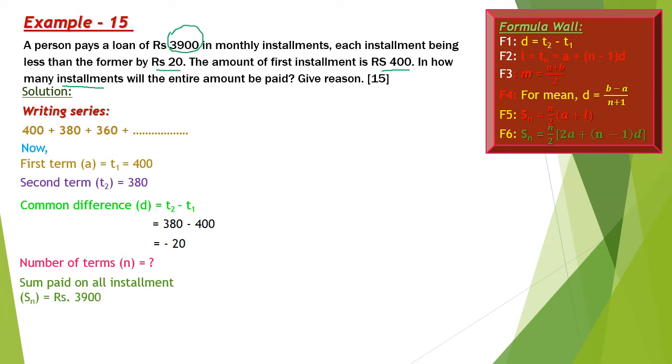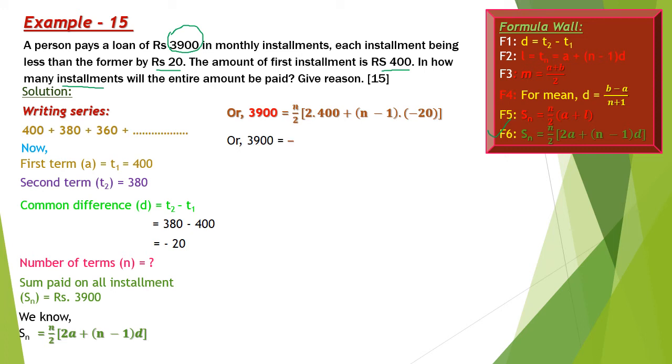So our sum of n terms, the sum of all installments, is 3,900. So we know the formula, that is formula 6 right here, for Sn, that is 3,900. It is a replacement of a, it is a replacement of d.